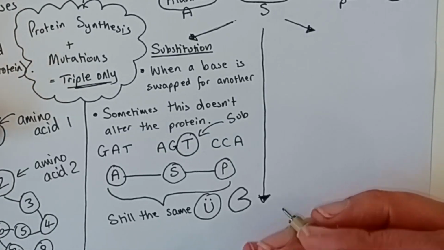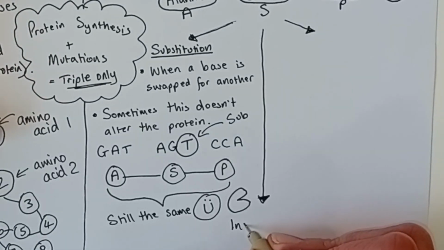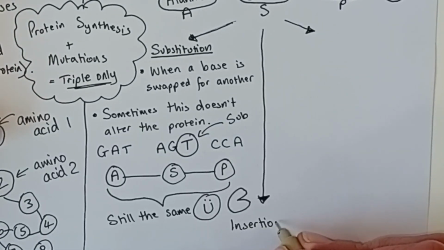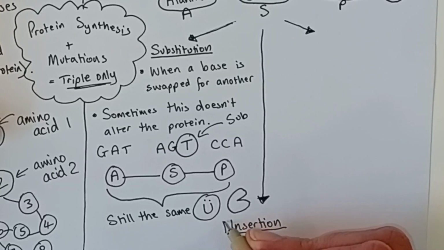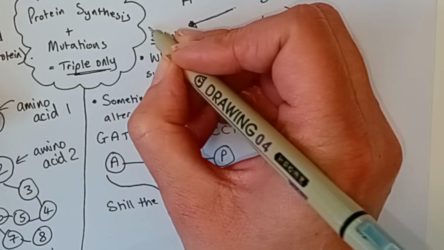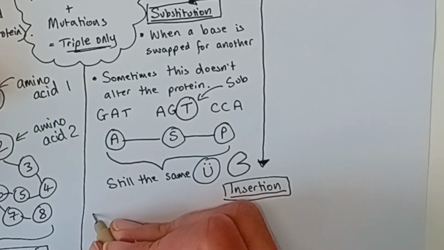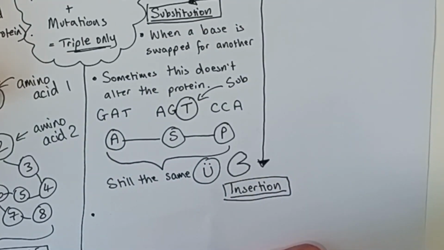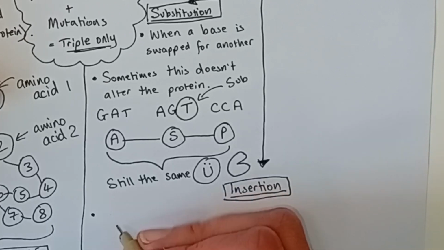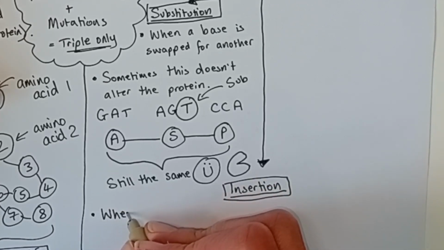Another type of mutation then is called an insertion. And we'll do this down here. Let's draw a box around it so it stands out. Insertions, as the name suggests, is when extra bases are added or inserted.